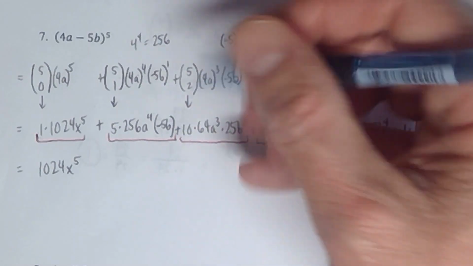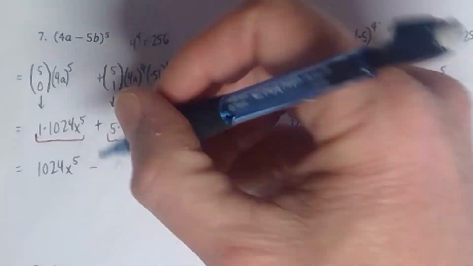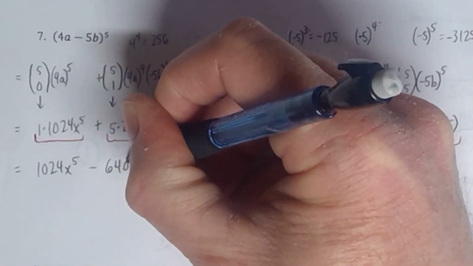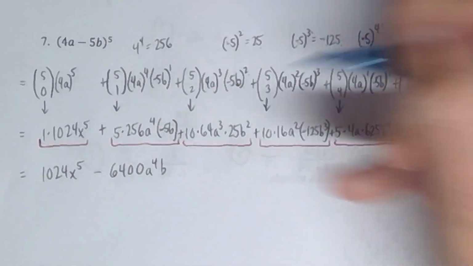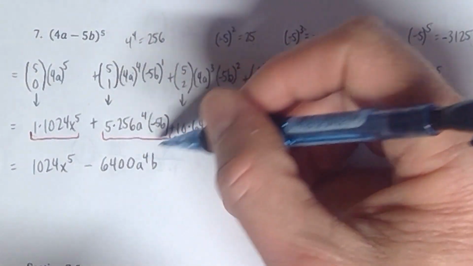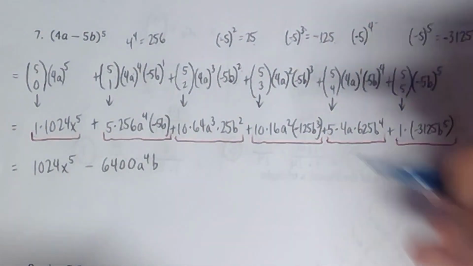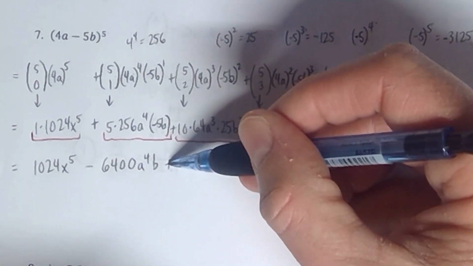But then when you multiply by the negative 5, that's going to be negative 6,400. Negative 6,400. All right. A to the fourth b. Because you got to multiply by the a to the fourth and the b there as well, of course. Bring down the plus. This time it's going to be positive, and so you do bring down the plus.